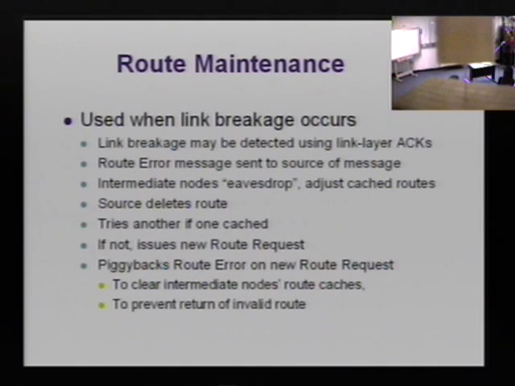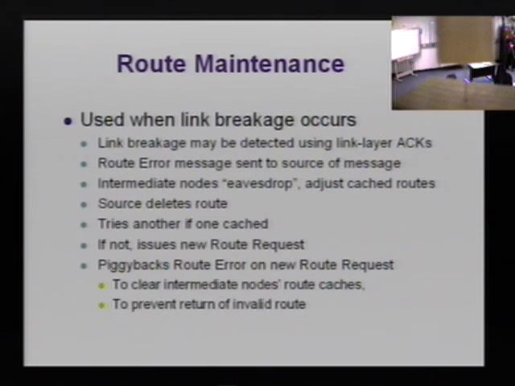Route maintenance in NS2: there are other ways of detecting link breakage, but in NS2 it's done by link layer ACKs. So if you don't receive an ACK 7 times in a row, the link is broken. A route error message is sent to the source of the message. Intermediate nodes, again, listen to this.